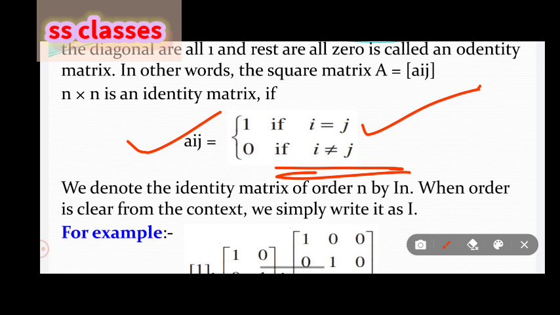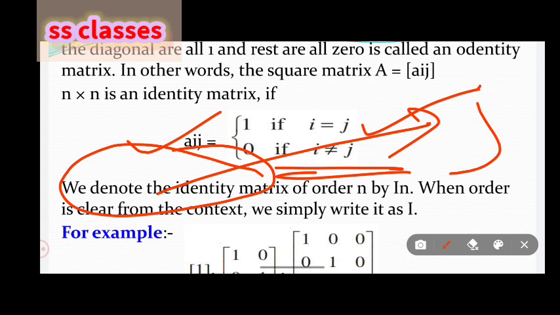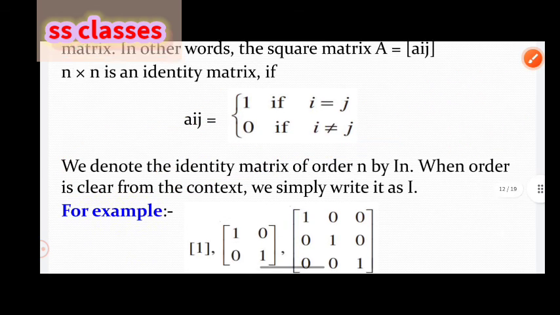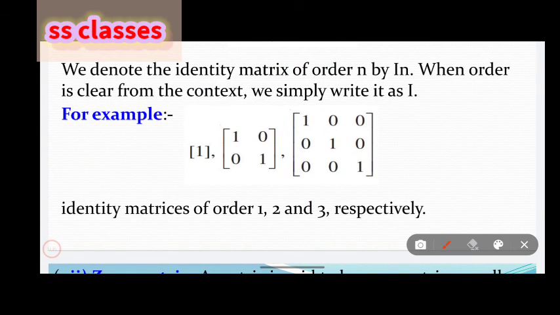When the order is clear from the context, we simply write it as I. For example, this is an identity matrix, where only 1 is represented on the diagonal. So my question: what would be the difference between an identity matrix, a square matrix and a scalar matrix?